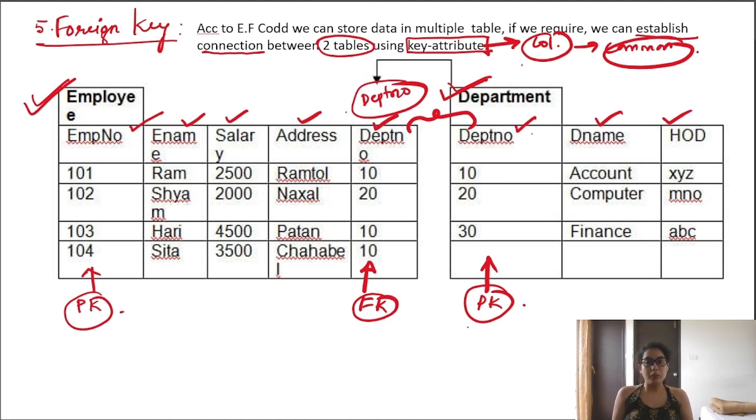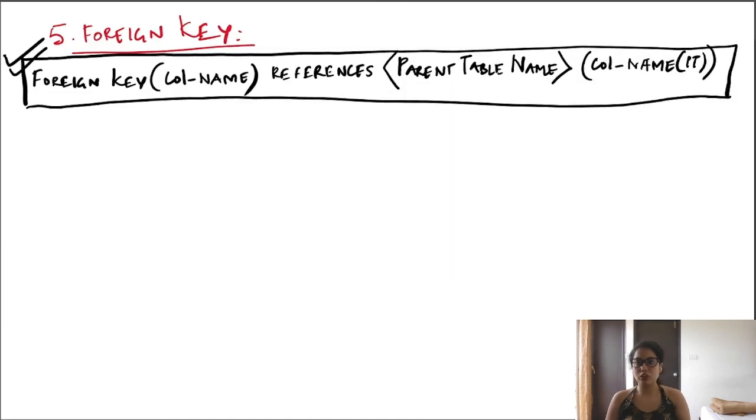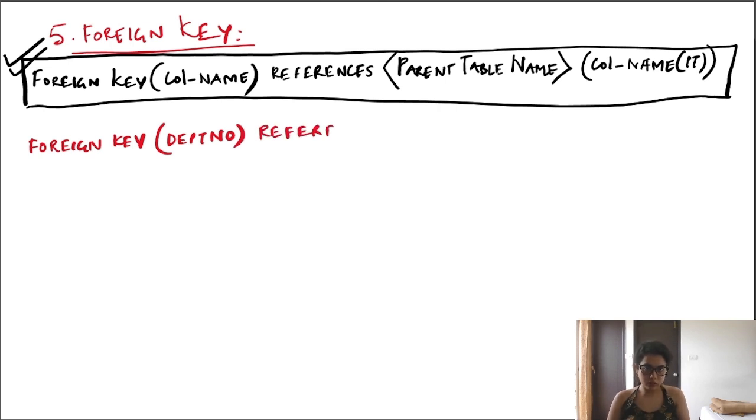But since I want to establish a connection between both the tables, I have to make a foreign key. So department number of the employee table will act as a foreign key. Let's understand the syntax. The syntax will be FOREIGN KEY, then the column name, department number, then REFERENCES.